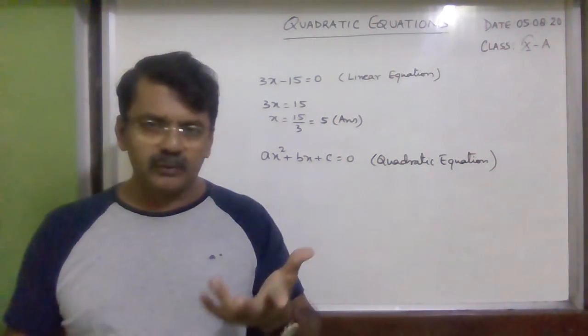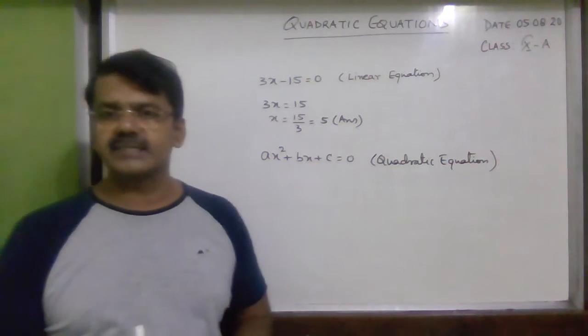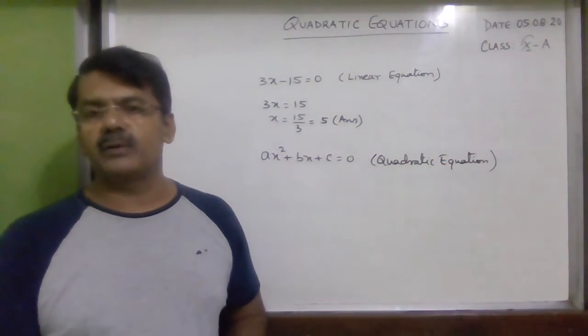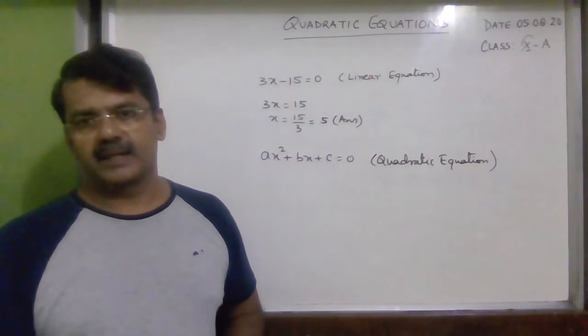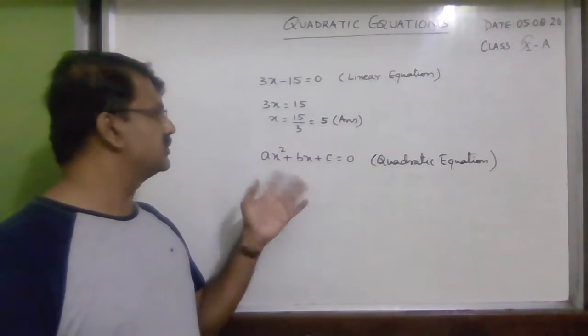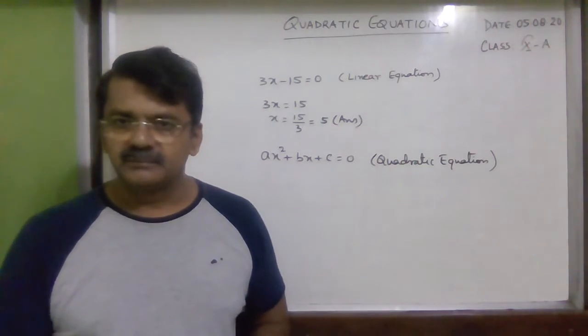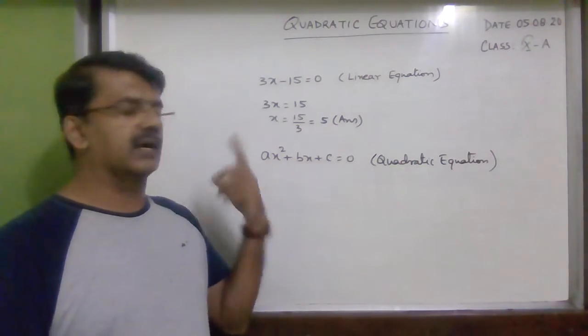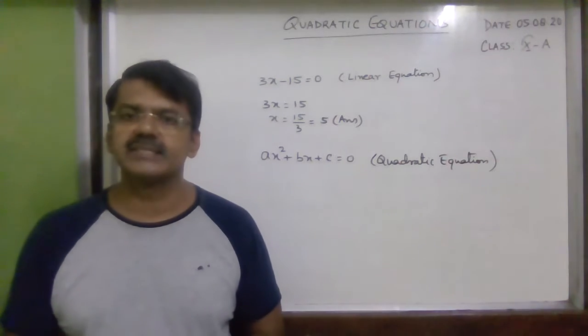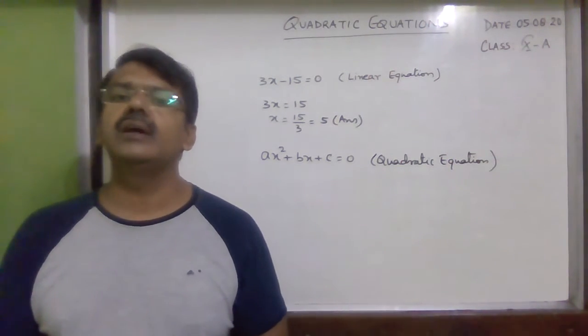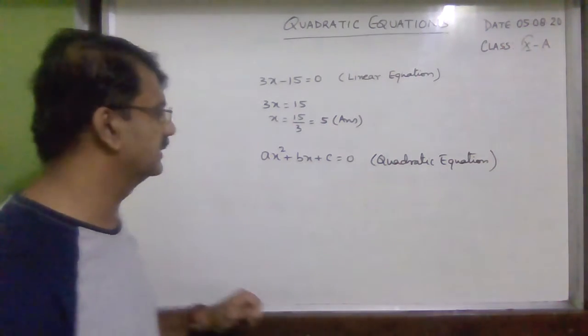I have already told you in the previous topic that the quadratic polynomial has two zeros, and those zeros are actually the values of x here. That is why a quadratic equation always gives two values of x, and they are called the roots of the equation.